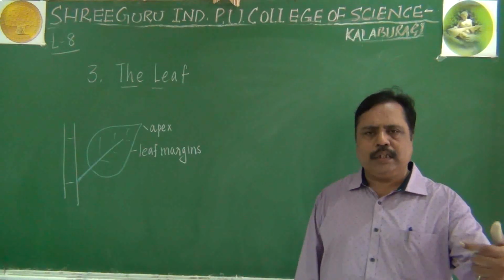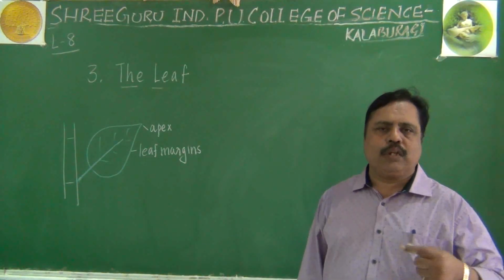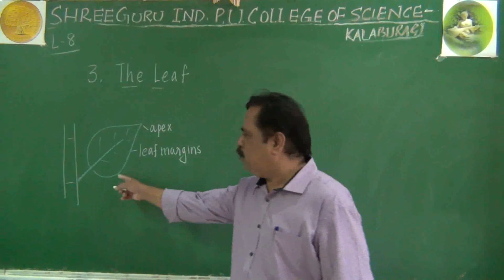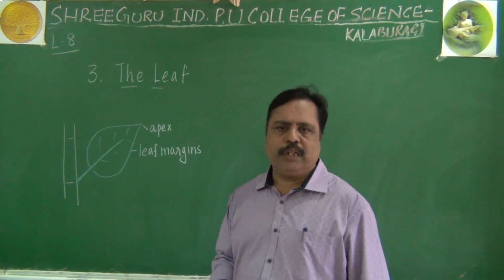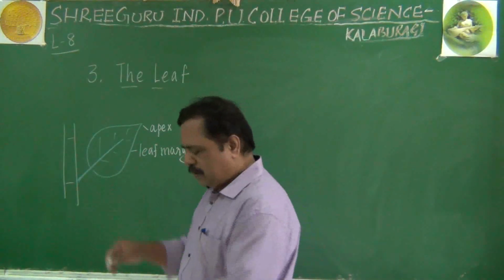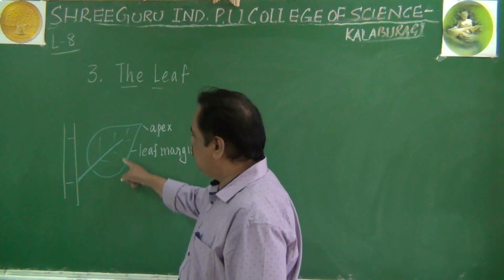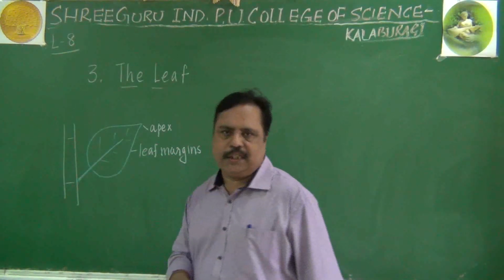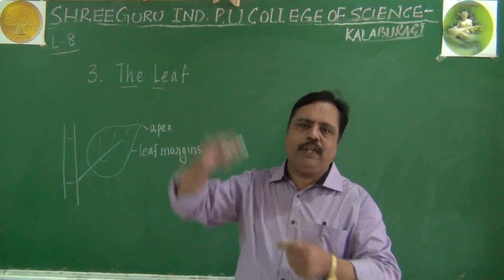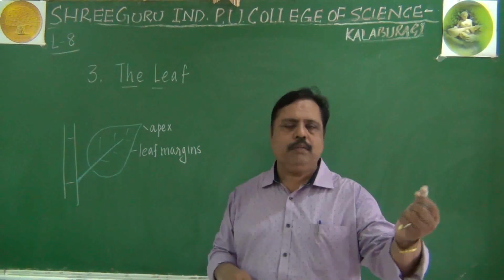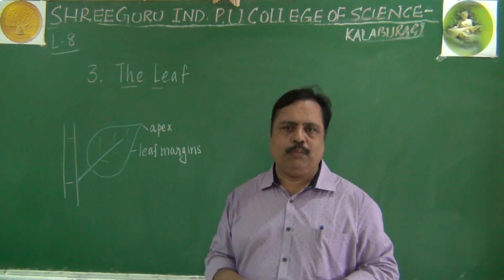In different angiosperms, we could come across different types of leaf margins, you may remember. Some of them will have leaf margin into wave-like structure. Leaf margin will be wavy, wave-like. In Ashoka tree and all, you could have observed.